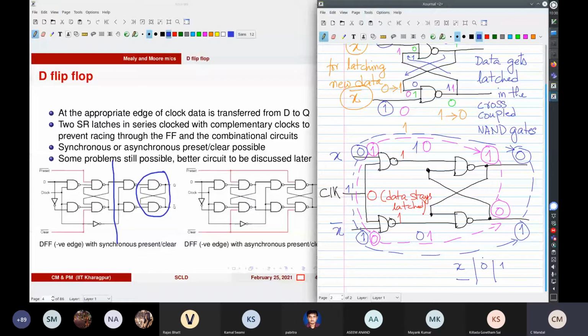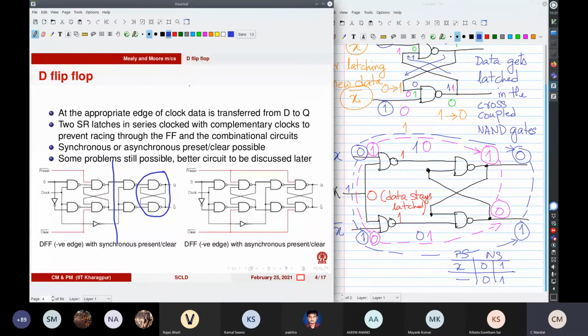So irrespective of what you get here, this is the present state. Sorry. This is the present state and this is the next state. So irrespective of what you have in the present state, the next state follows the input. Okay, it follows the input. So that is the basic behavior of the D latch.